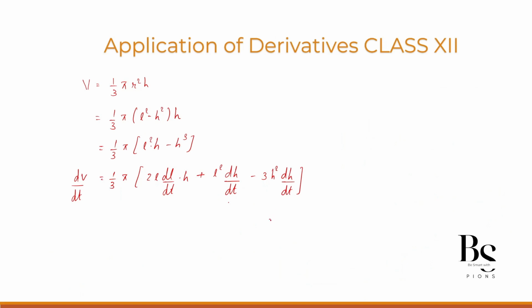This we can substitute in this expression. So 3h square times 3 by 5 dL by dt, minus L square into 3 by 5 dL by dt, plus 2 into L into h dL by dt, and here we are left with pi by 3 to dV by dt.